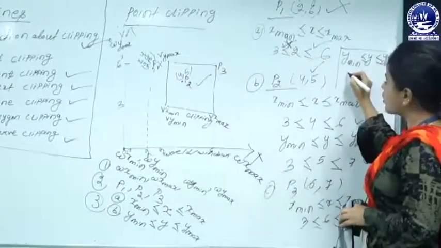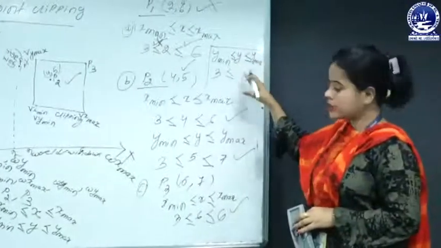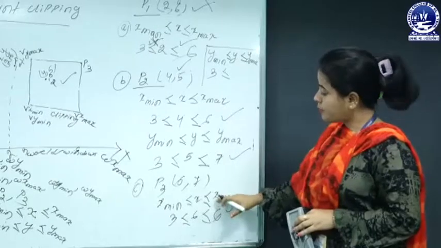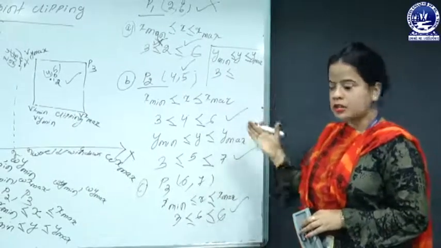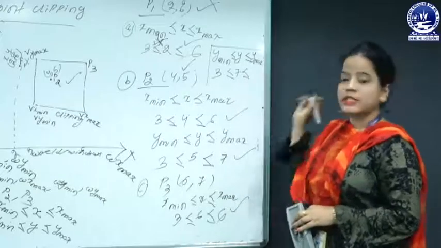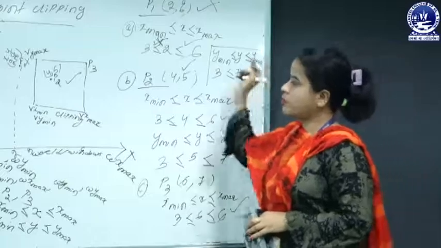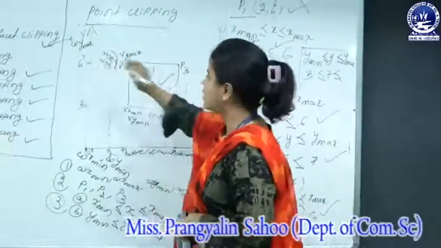So here the y coordinate value 3 should be less than or equal to the y value. That means the given pixel point is checked for being inside the region or not. Then the y coordinate value 7 should be less than or equal to y maximum. That means the y maximum contains the value 7.